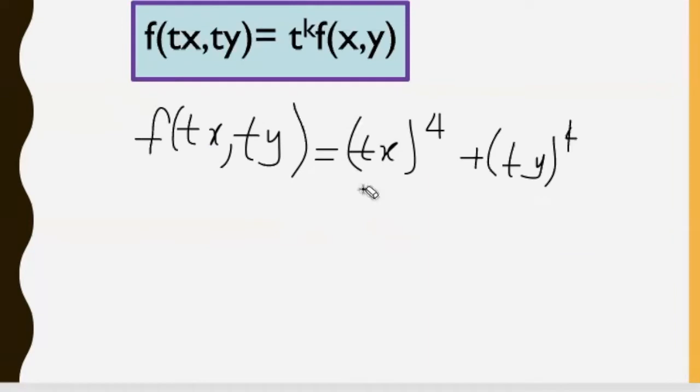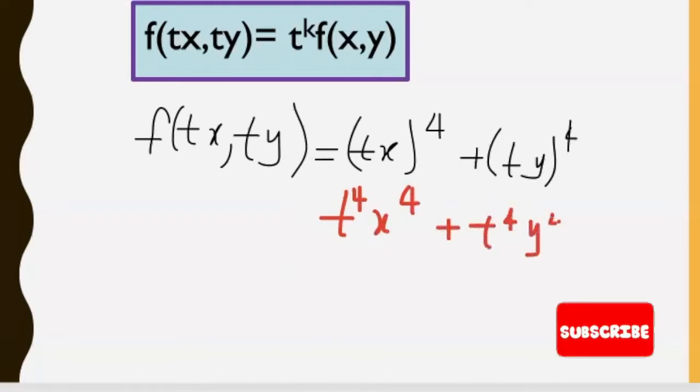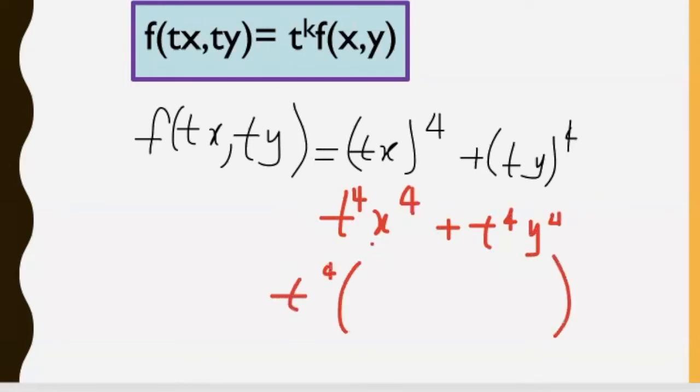All of this is raised to the power fourth. So I will have t to the fourth x to the fourth plus t to the fourth y to the fourth. Then I factor out t to the fourth, and when I factor it out, I'll be left with x to the fourth plus y to the fourth.